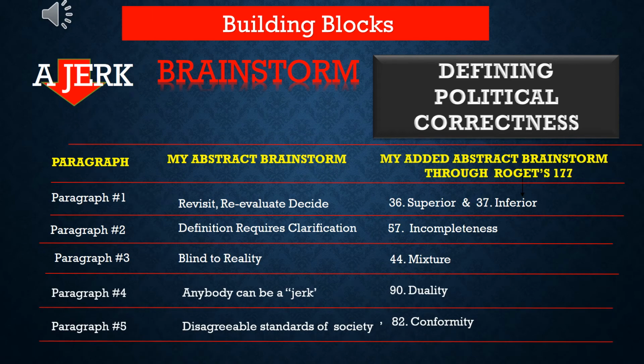Here's the final building block slide as we add paragraph 4 and paragraph 5, as we brainstorm some abstract concepts and then add in our interpretation of what Roget might have to say to help us define. We came up with number 90 duality and number 82 conformity for paragraph 4 and paragraph 5.